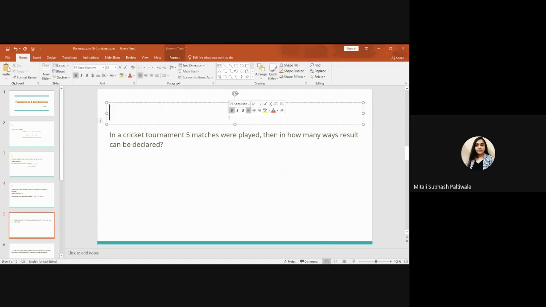Now here, in a cricket tournament, 5 matches were played. Then in how many ways can the result be declared? 5 matches, 2 teams.